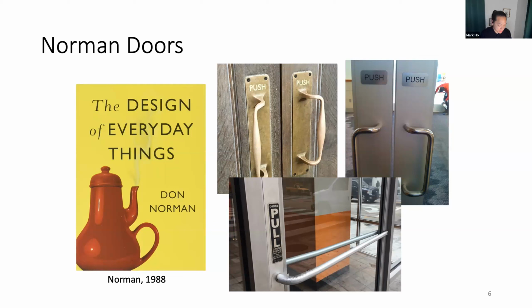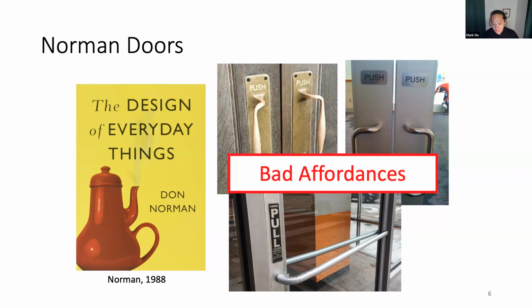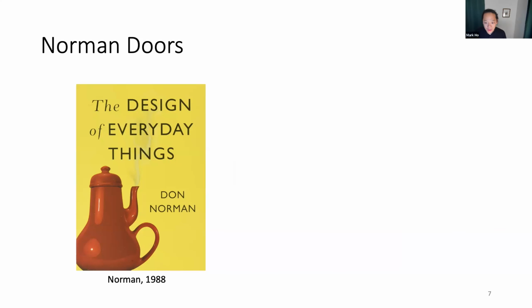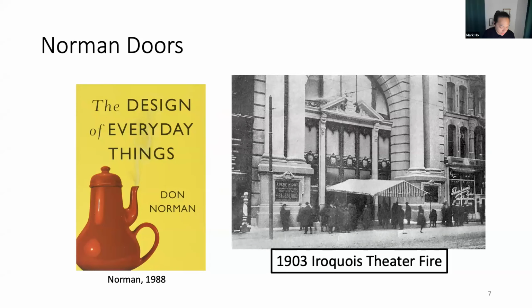They're called that because they were explored by the cognitive scientist and designer Don Norman, to describe designing everyday objects that may or may not have good affordances, as he calls them. And so these types of doors that indicate both pushing and pulling simultaneously can be thought of as having bad affordances. Bad affordances can have very big consequences.